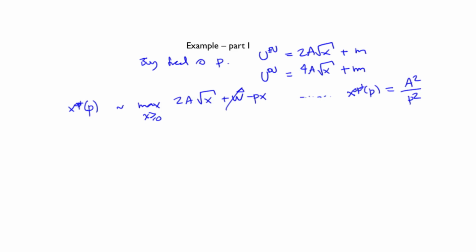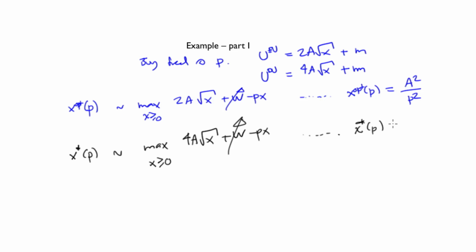Now, the question of more interest is, what is the behavior in this case? What is x star of P? Well, that is going to be obtained by maximizing over x greater or equal than 0, not the true experience utility function, but the decision utility function that is active, which is 4a square root of x plus w minus px. That takes out. And if you do the math, that's going to give you x star of P equals 4a squared divided by P squared.